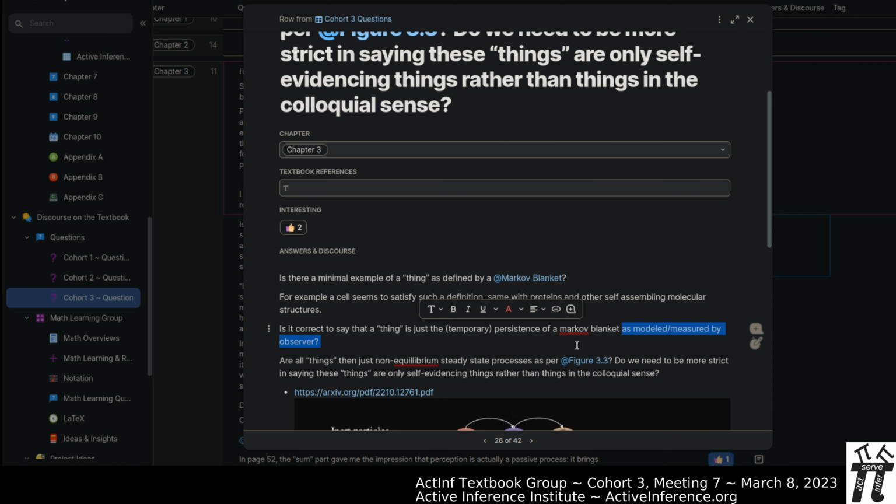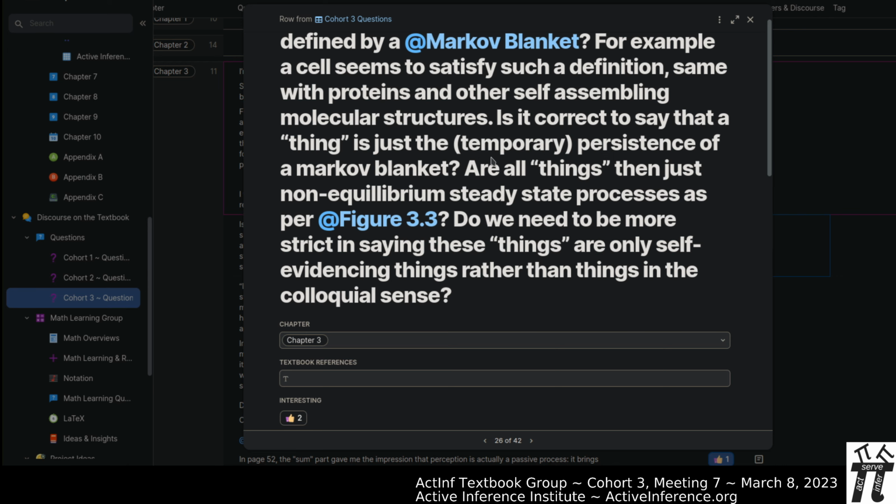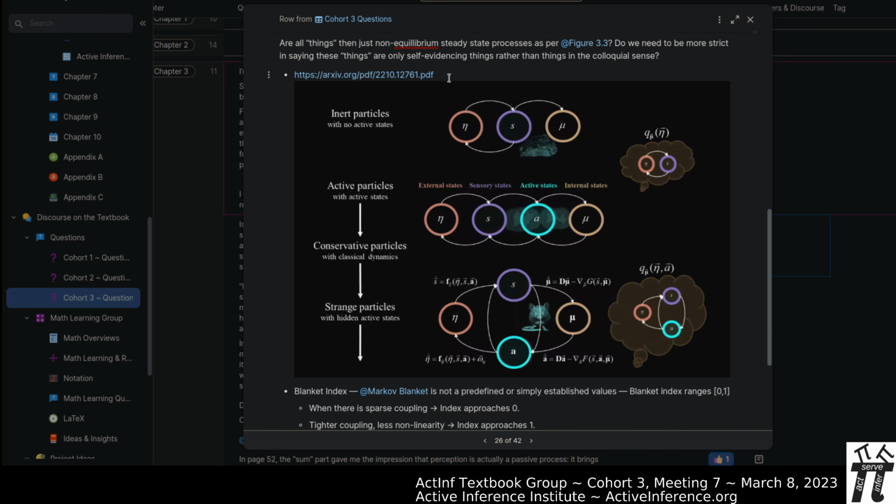That's a good first angle. And then we can talk more about which thing the person is modeling and what kind of particle they are modeling it as, and so on.